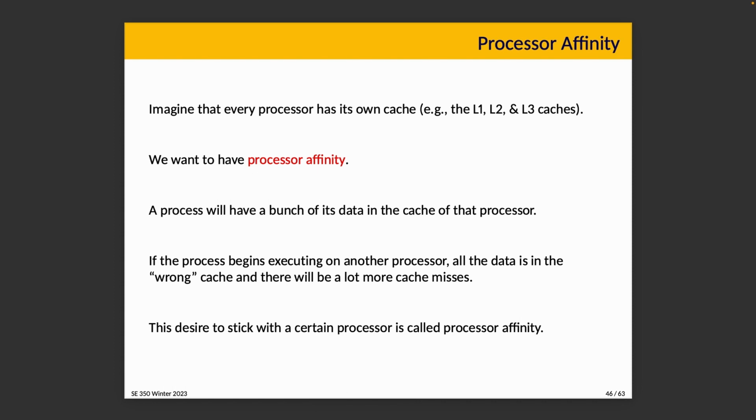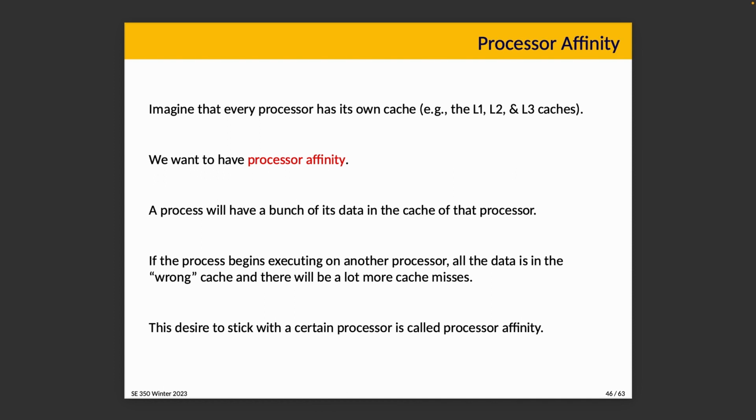But let's imagine, just for the sake of the discussion, that it is just one CPU with its own level 1, level 2, level 3 caches. Okay, so if that's the case, well, things require, for maximum efficiency, if you will, processor affinity.